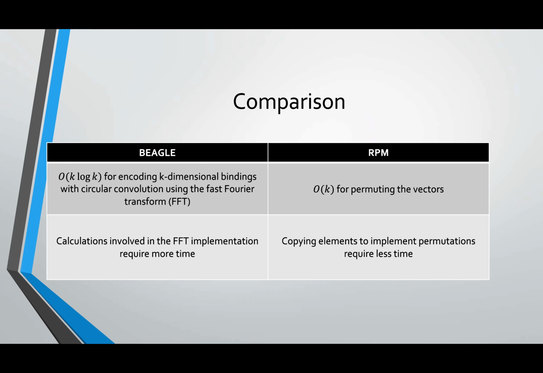So while both models' goal is to capture the word relationships, RPM stands out for its ability to encode sequential order of words more effectively. And when it comes to scalability, RPM again has the edge because of its efficient handling of large data sets.